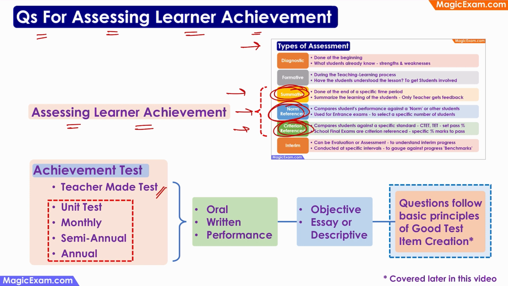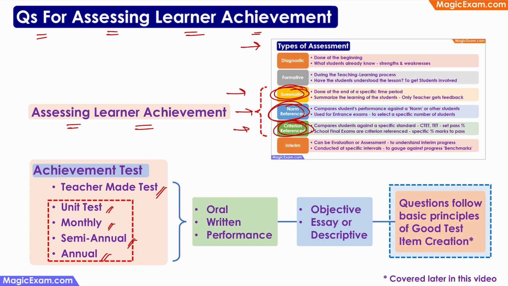Or these achievement tests can be standard tests, such as the unit test that comes after every chapter, or it can be the monthly exam or the half yearly exam or the annual exam, which is standardized, and all the children of that particular grade in that particular school will have the same question paper. So these are not made by the teacher for a specific classroom, but these are made more standardized for across the entire school. In some cases, it can be for multiple schools as well.